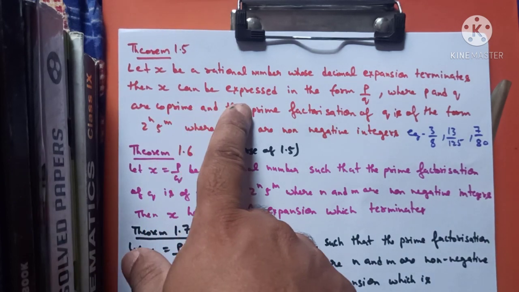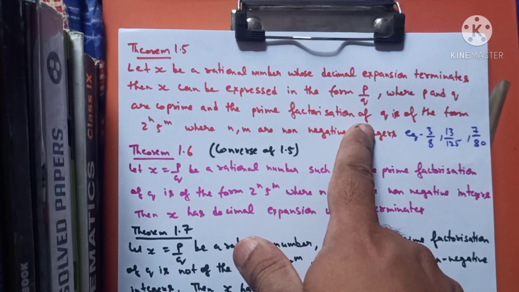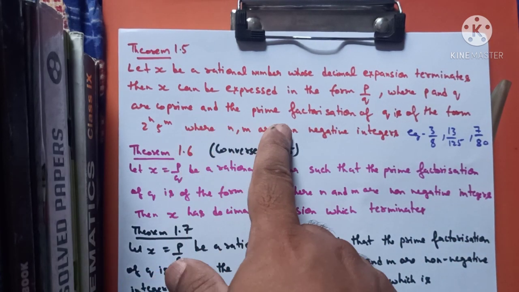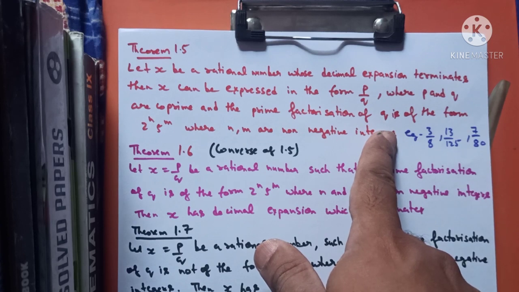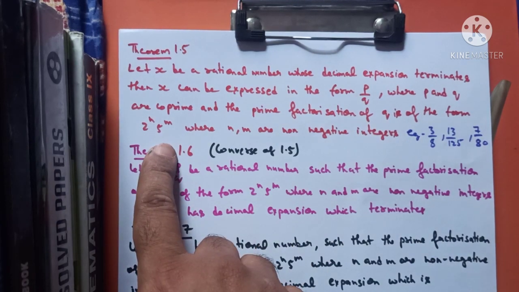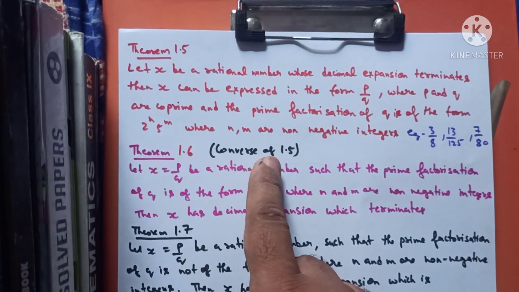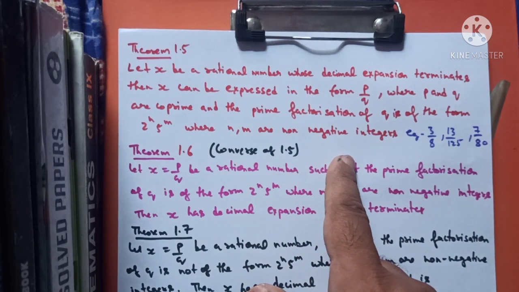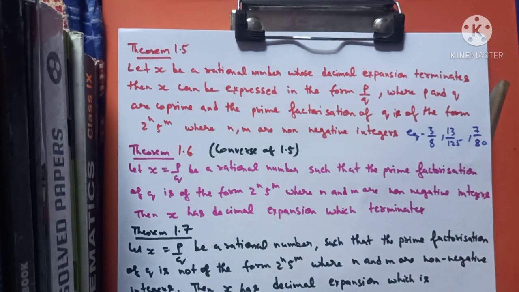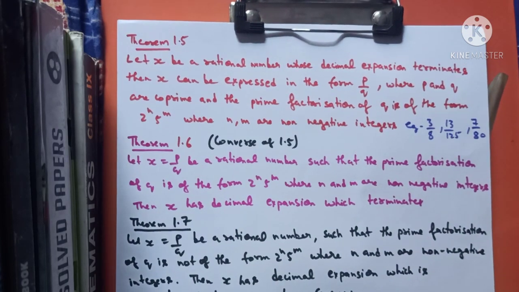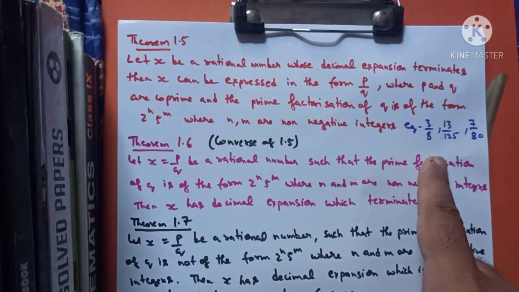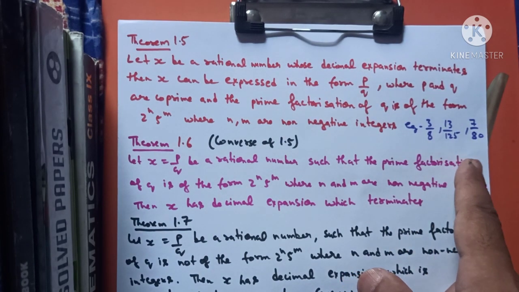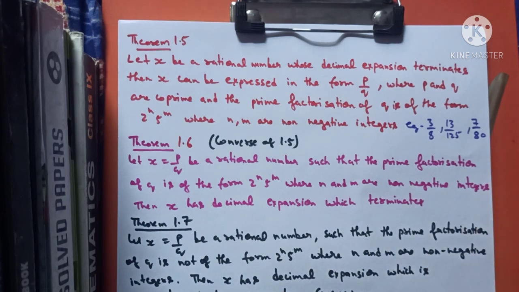Then x can be expressed as p by q, where p and q are co-prime, and the prime factorization of the denominator q is of the form 2 power n into 5 power m, where n and m are non-negative integers, that is, whole numbers. A few examples: 3 upon 8, 13 upon 125, the same things which we have just studied.